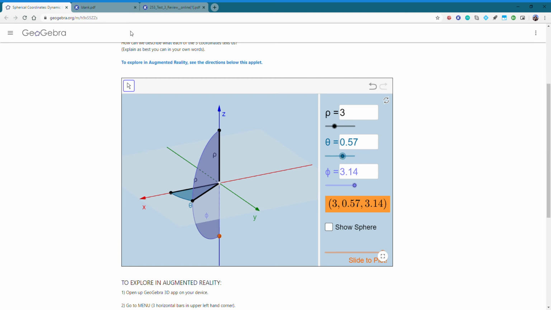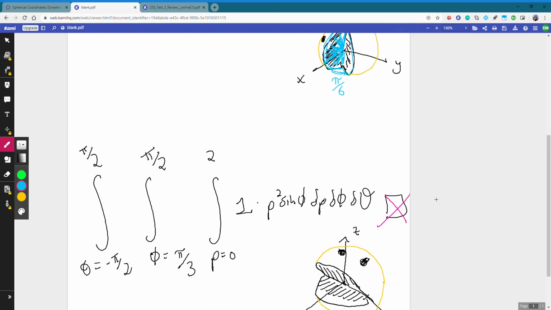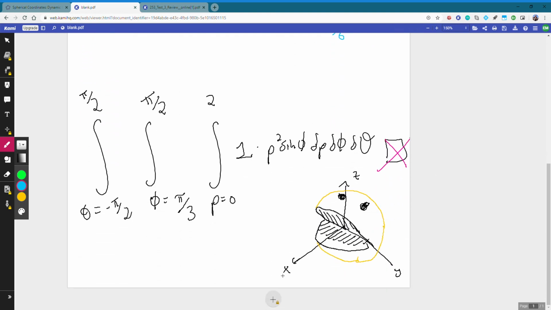Okay, so let's look at the other way. The other way is to just slap our coordinates on Pacman as he looks in the picture and try to work it out like this. I think the natural way to set this up is to let rho go from 0 to 2, and phi go from, here I have Pacman's bottom lip parallel to the x-axis.